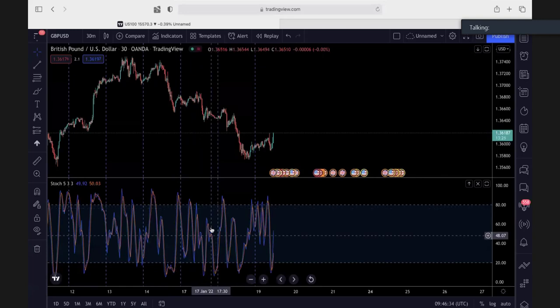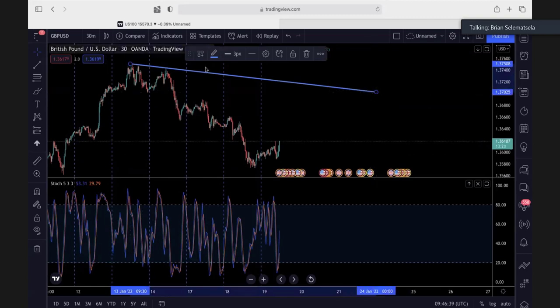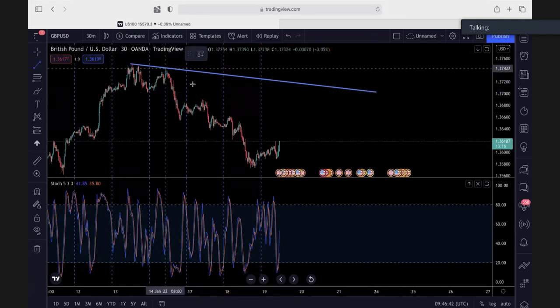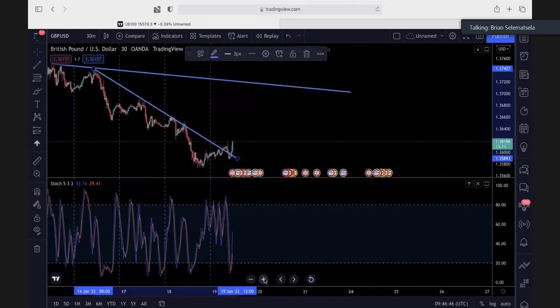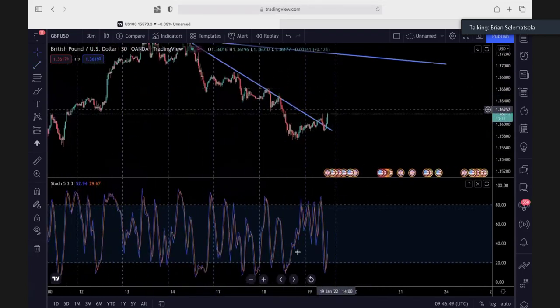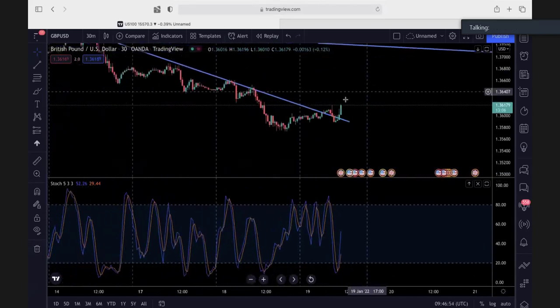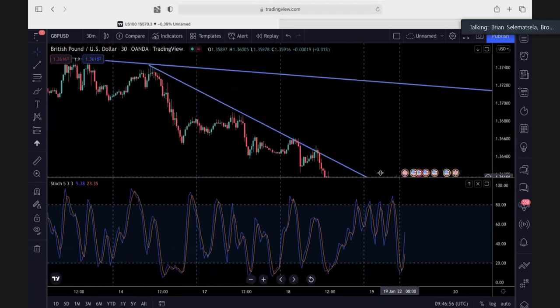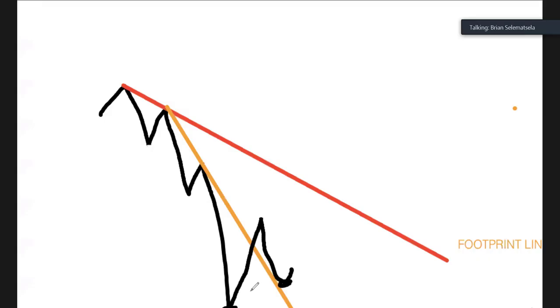Okay, there we go. It's even a setup. This is the same structure that I've shown here.